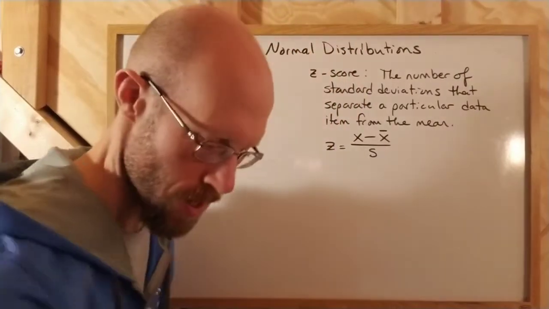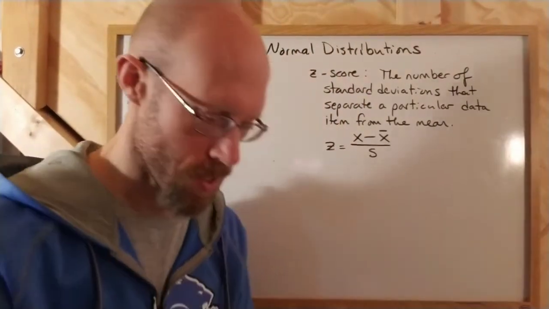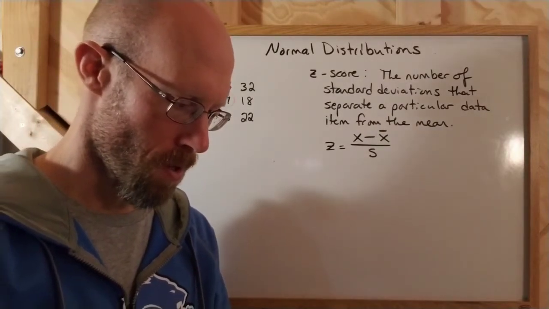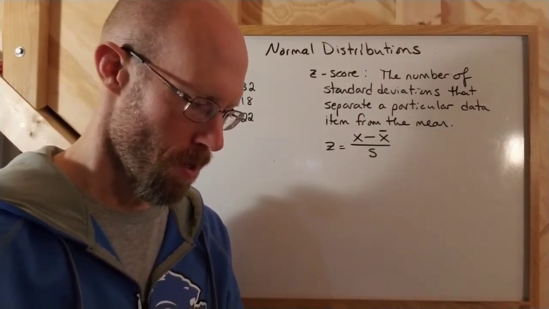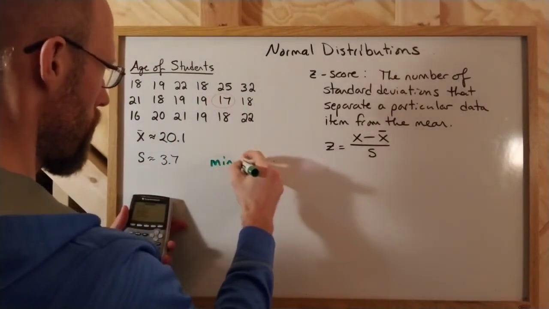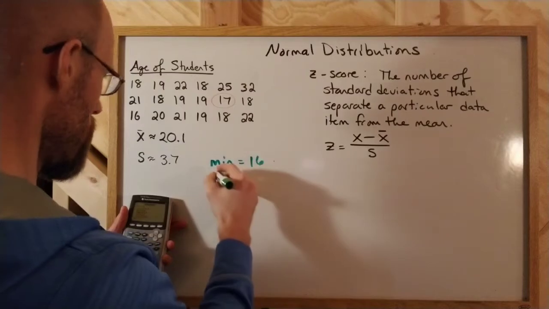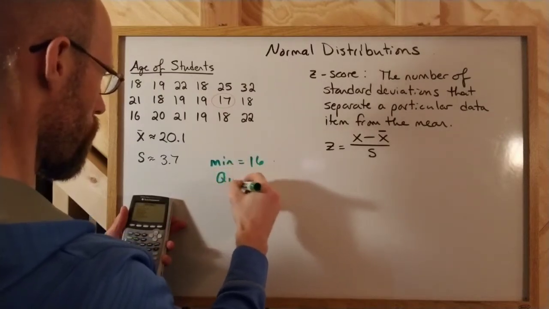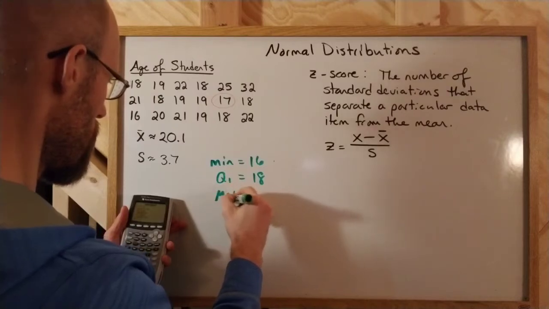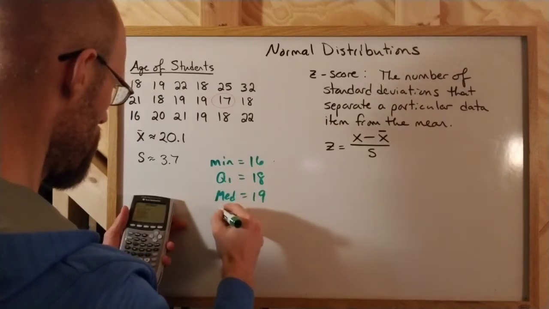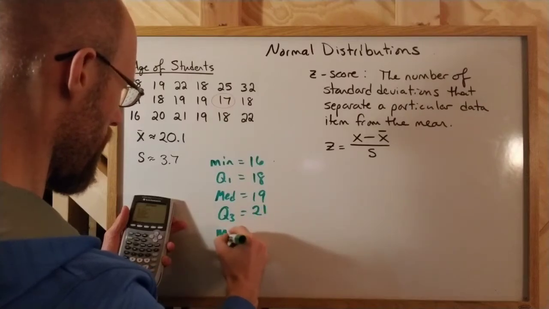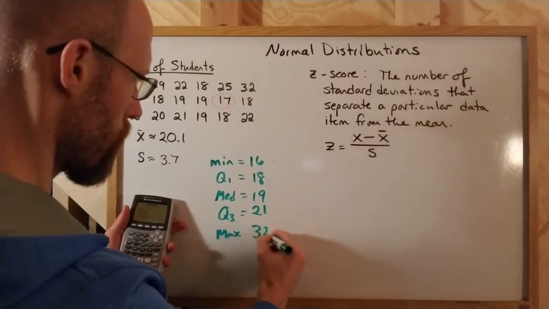On the one variable statistics that I showed you a moment ago, we said there was a minimum of 16, a first quartile of 18, a median of 19, a third quartile of 21, and a max of 32.